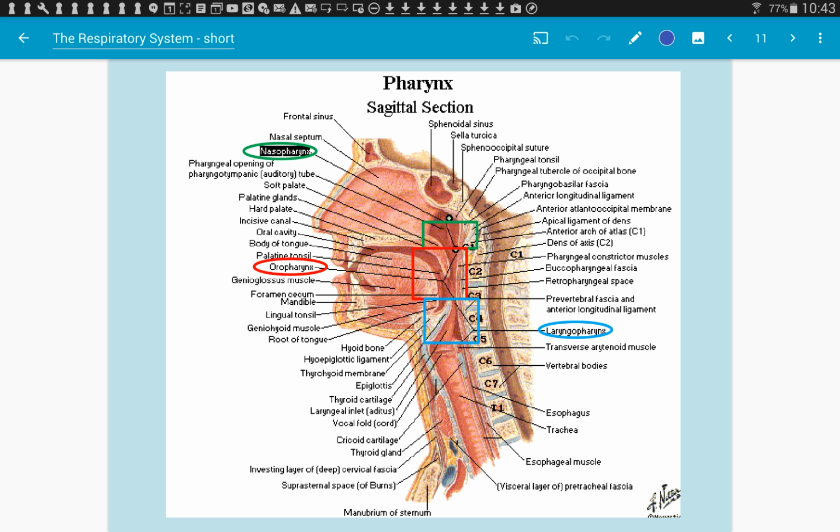Well, actually, the 3 sections of the pharynx. So it will be good to look at this because it was really hard to do this, by the way. So in different colors, the nasopharynx, where you find that, the oropharynx, and what structures are included in that, and then the laryngopharynx, which is the lowest part, and what structures are included in that. So for your reference, that's slide 11. Please take a look at that, okay?